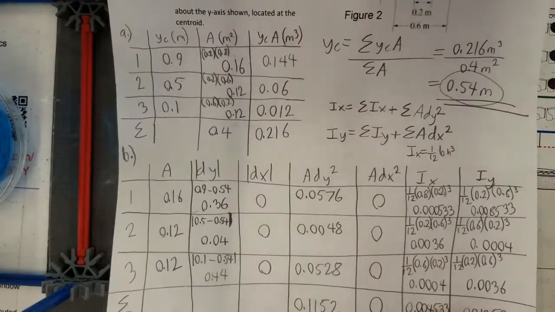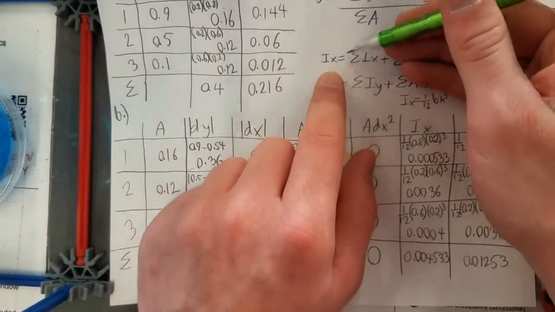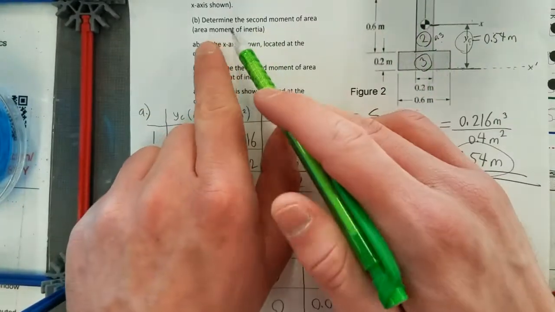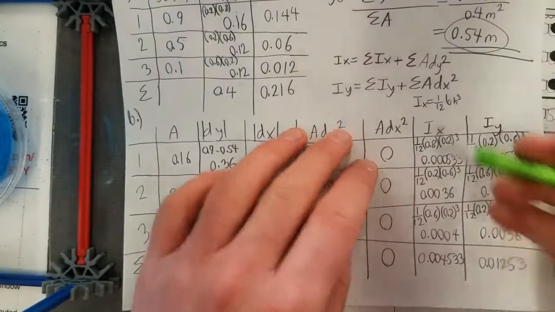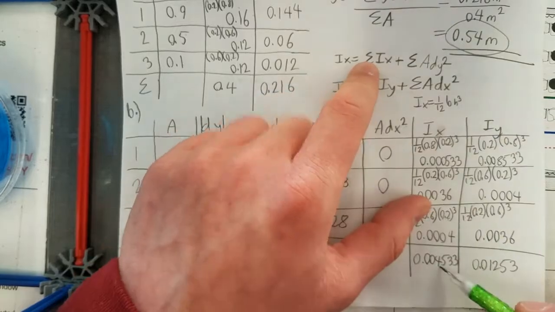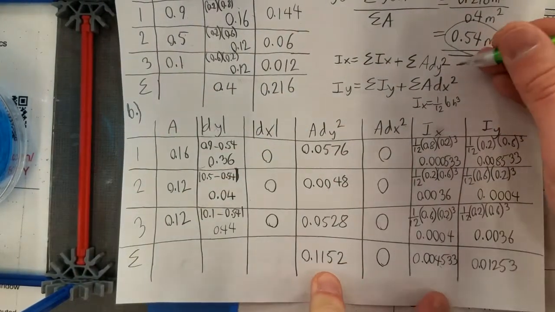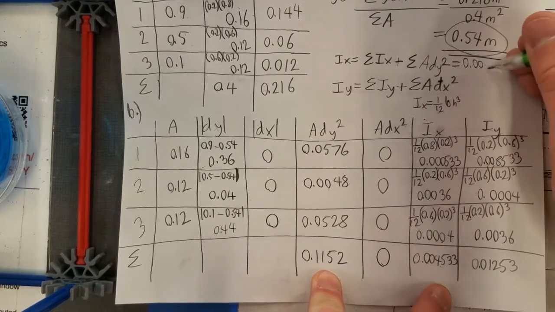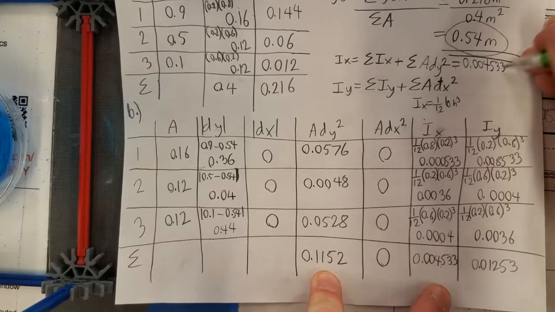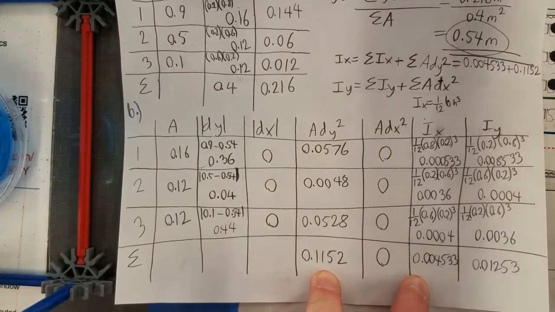We're going to go ahead and follow through with our formulas that we wrote here before. So the moment of inertia, or second moment of area, about the x-axis, Ix here as we have below, is going to be the sum of all of these values plus all of these values here. So that's going to be equal to 0.004533 plus 0.1152.